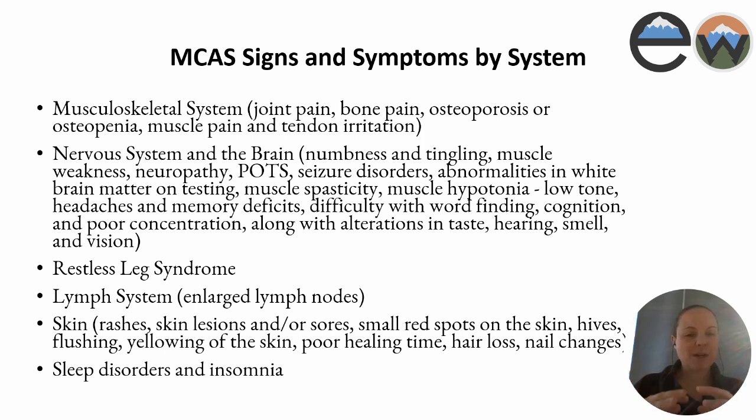We want to hit the pause button and think, maybe that's something systemic causing joint inflammation, especially on both sides. So one of the first things to look at, considering a connective tissue issue, would be abnormal mast cell activity, because that can cause joint pain, bone pain, muscle pain, tendon irritation. It can actually cause all that. So we just want to make sure that's been looked at for people having more widespread complaints.